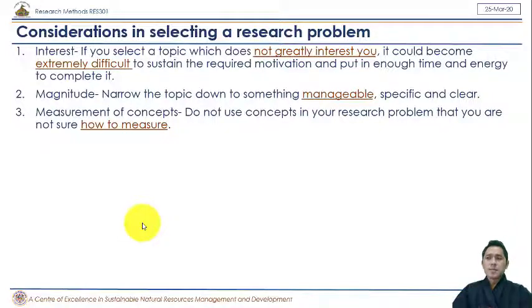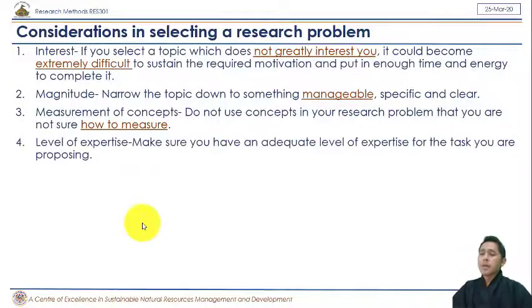So measurement of concept is very important. Do not write that you cannot measure anything else, because if the research problem is being read by the ethical committee or the funding agencies, it's going to be quite hard for you to get through the committee or get the funding. So please do not write you do not know how to measure.